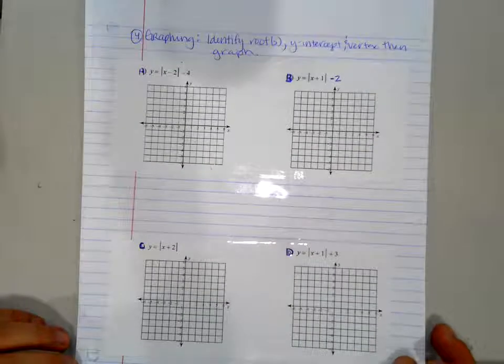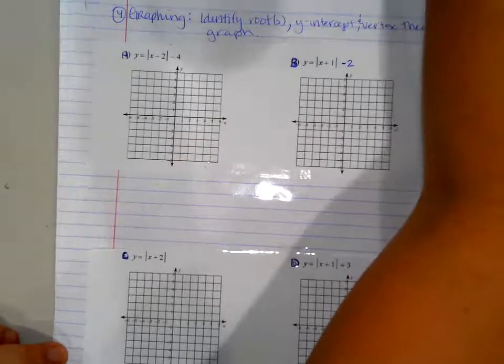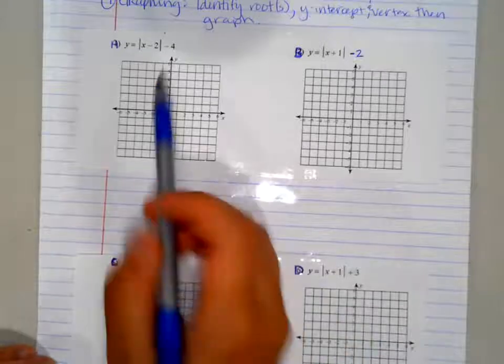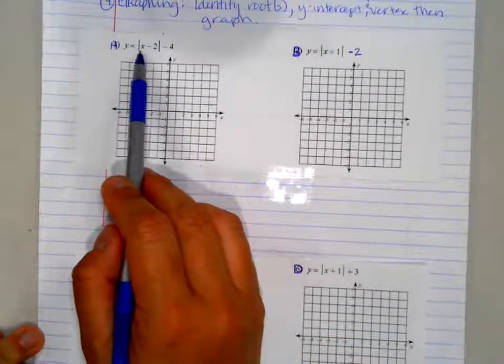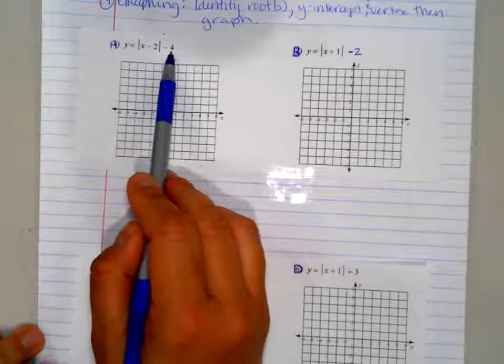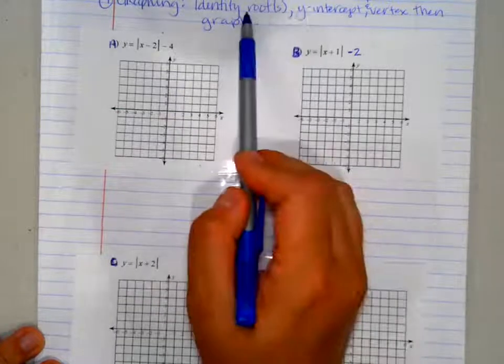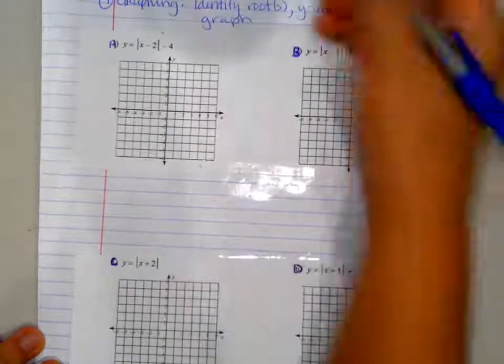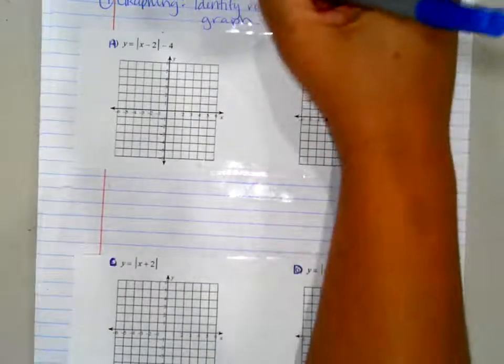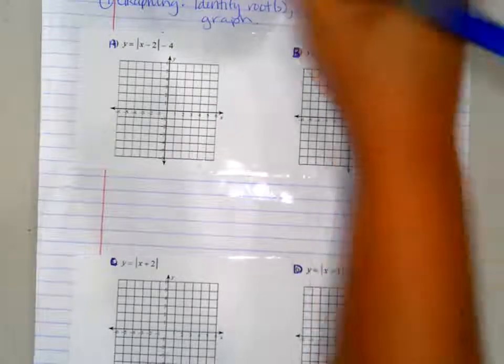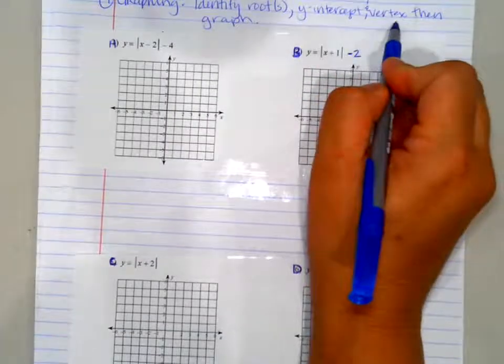Okay, continuing on. Let's get to graphing. I think this is everyone's scared part. Let's go this way. Okay. All right, I'm going to take one at a time. So let's do this one first. This is the absolute value of x minus 2, minus 4. So when we graph, we need to identify roots, which are like x-intercepts, a y-intercept, and then we need to find a vertex.